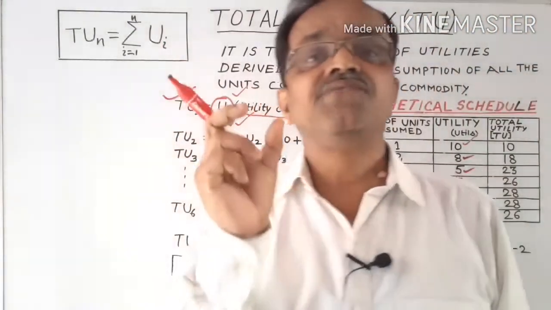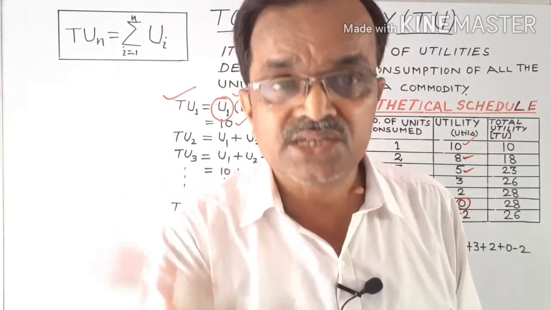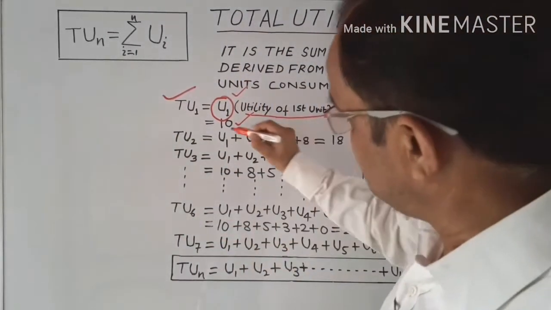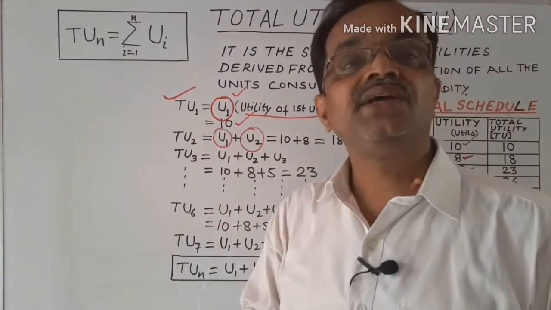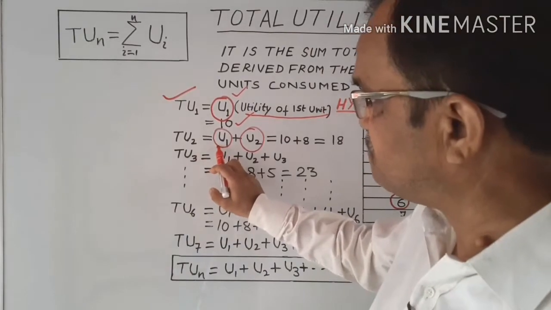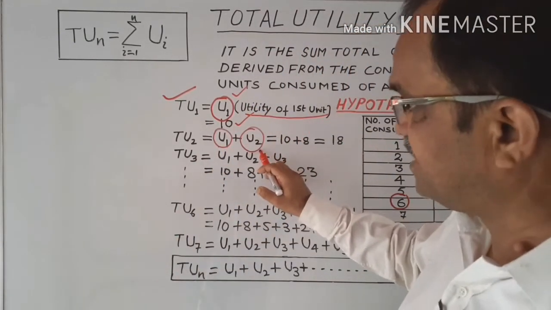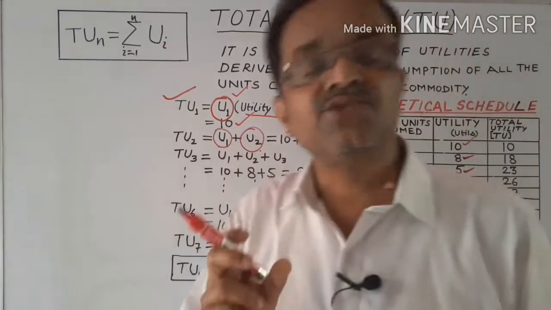Now when we want to calculate the total satisfaction of 2 units of consumption, then what we'll do is add the first and the second satisfaction level. Means satisfaction derived from the first unit of consumption and the satisfaction derived from the second unit of consumption, which is 10 plus 8, that is 18 utils.